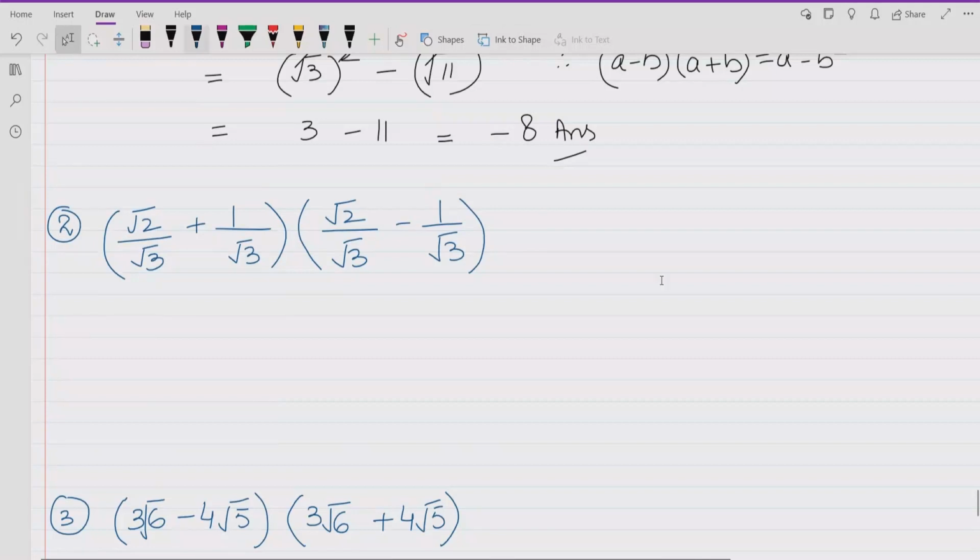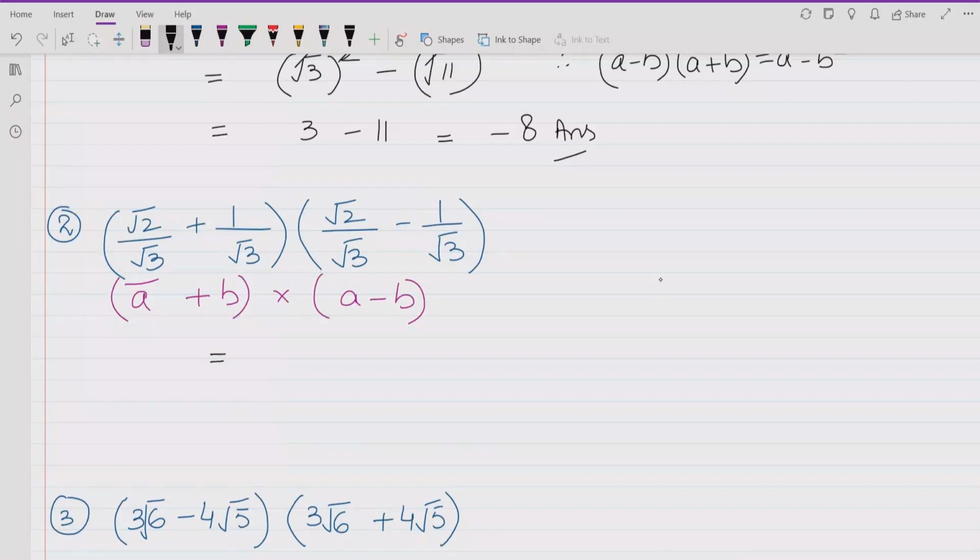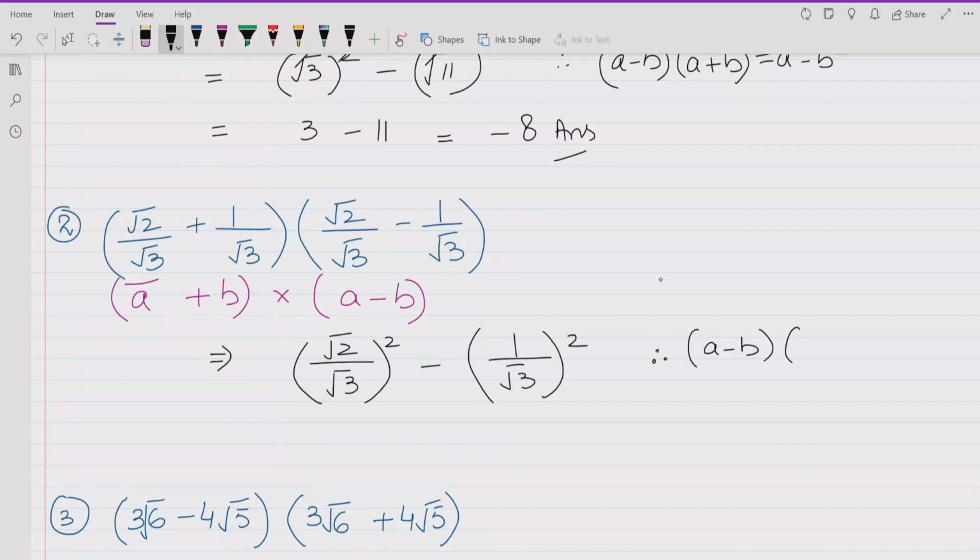Now we have another example. This one is a plus b and a minus b, right? We will solve it using the above method: root 2 upon root 3 whole squared minus 1 upon root 3 whole squared.